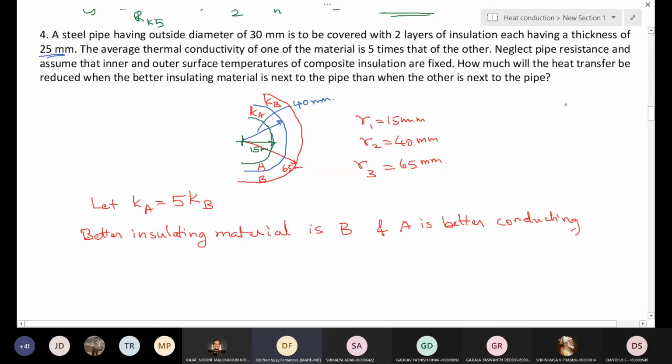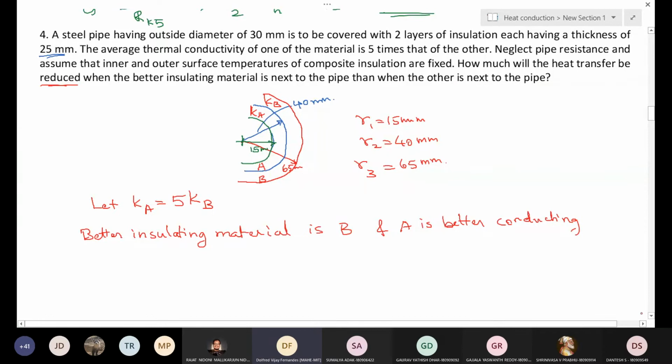How much will the heat transfer be reduced if the better insulating material is next to the pipe? So what this statement tells us, how much will the heat transfer be reduced? That means definitely the heat transfer rate will be decreased if I put B inside and A outside, isn't it? Because it's asked reduced. The question tells us that heat transfer rate will be reduced if the better insulating material is next to the pipe.